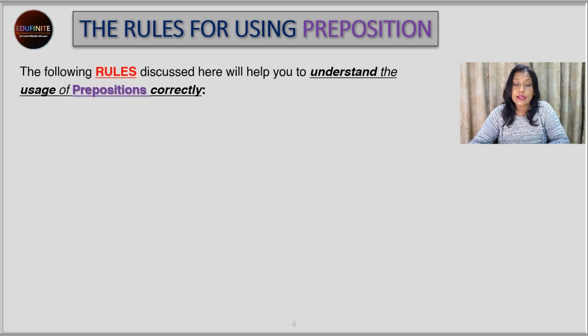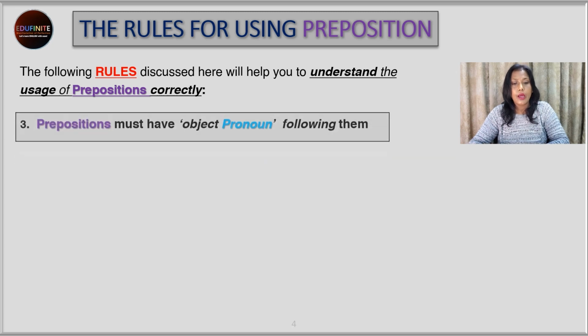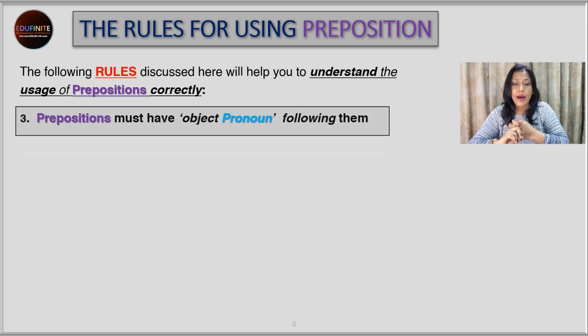Well, now let's come to the next rule. Prepositions must have object pronoun following them. So we know prepositions have objects following them, and those objects can be a pronoun.